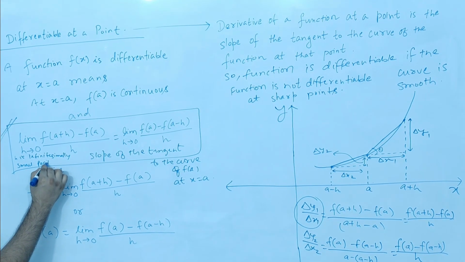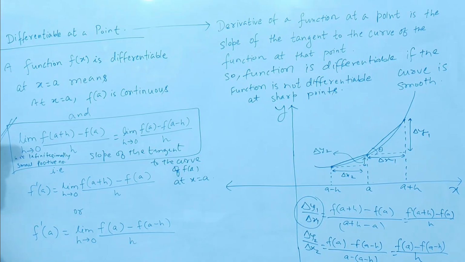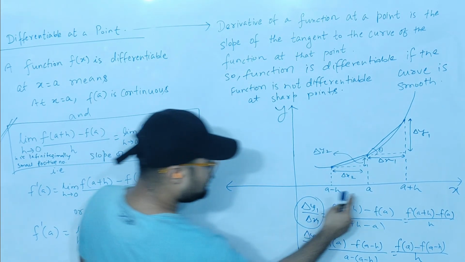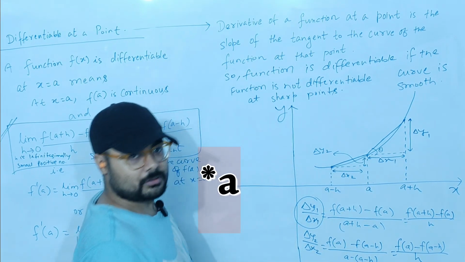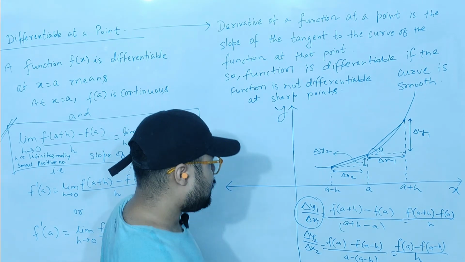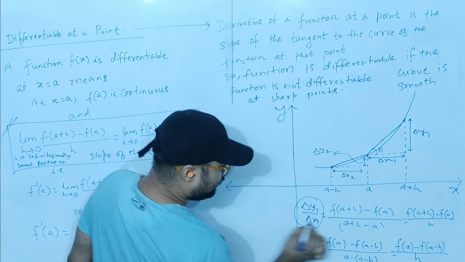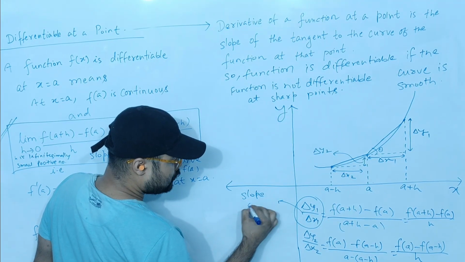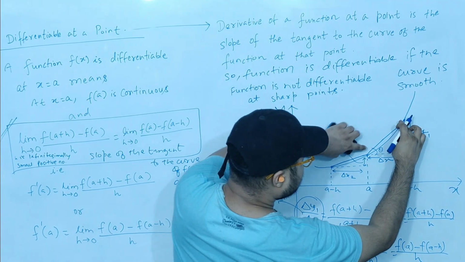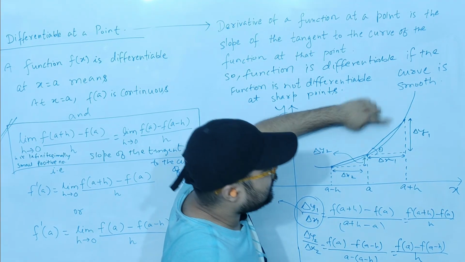H is greater than 0, but it is infinitesimally small. So when h is greater than 0, then a plus h is a number that is very close to a, and a minus h is a number that is very close to a. Delta y1 by delta x1 is giving you the slope of this line. This is a line that joins 2 points on your curve.